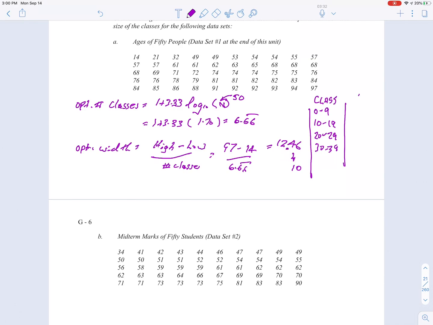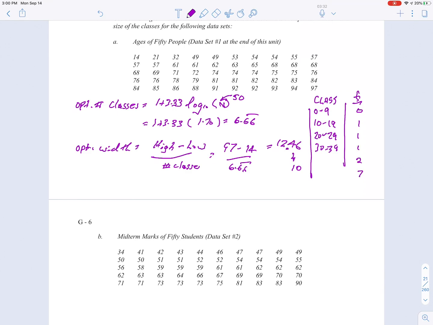And then we'll come up with the frequency. And so that's an F, a frequency. And the frequency is just the count. So how many fall in the 0 to 9? 0. There's 1 here, there's 1 here, there's 1 here. There's 2 in the next one.